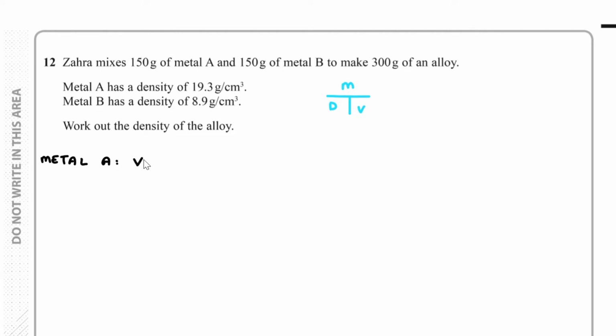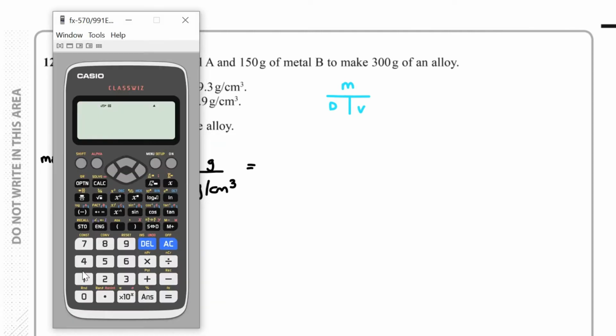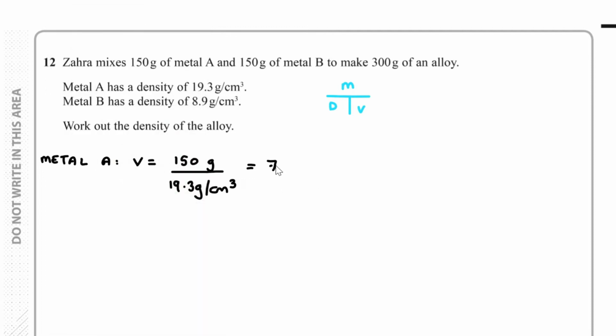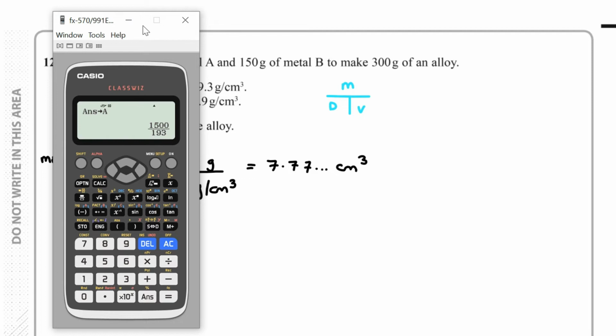So the volume is equal to the mass, 150 grams, over the density, which is 19.3 grams per centimeters cubed. So if we work this out, 150 divided by 19.3, you'd find here we get 7.77, etc. centimeters cubed. Let's store this into A.